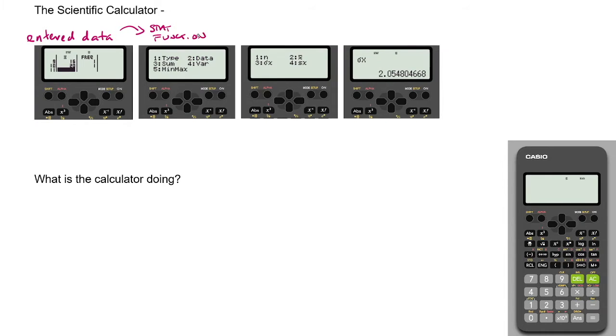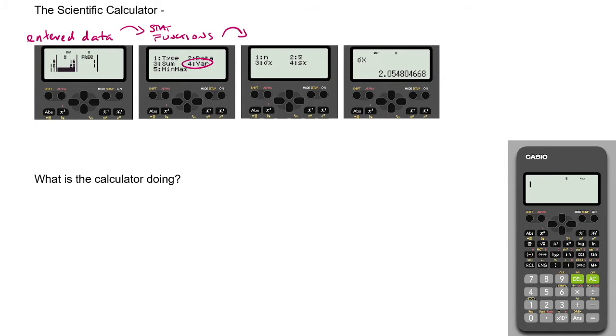If you remember, to get into the stat functions after we've entered the data and pressed AC, we use shift 1 to get to those functions. Then we use option 4.